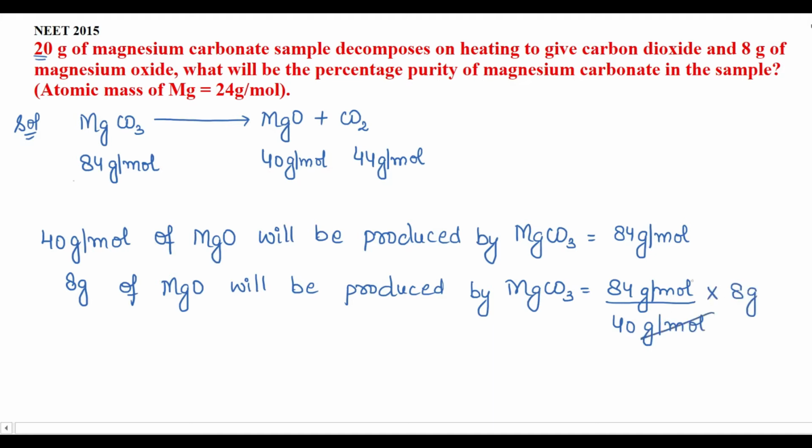Okay, so cancel gram per mole with gram per mole, right? So 8 with 40, right? So when you divide 84 by 5, you'll get 16.8 gram. That means 16.8 gram magnesium carbonate produces 8 gram of magnesium oxide. Now 16.8 gram is magnesium carbonate, so the rest will be the impurity.